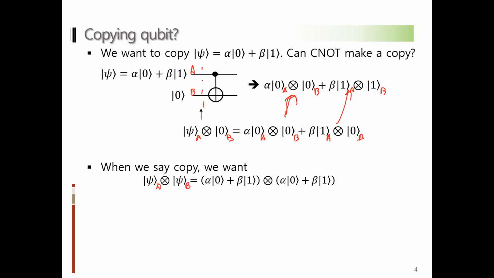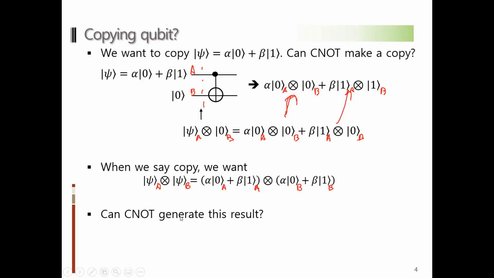Again, this is A and A, and this should be B and B. So this is what we want. Is this expression the same as this one? Of course not. If we expand this, then it is alpha squared 0, 0, and then there are 4 terms while there are only 2 terms. So this was not the copy.